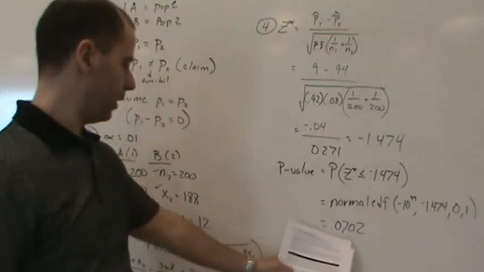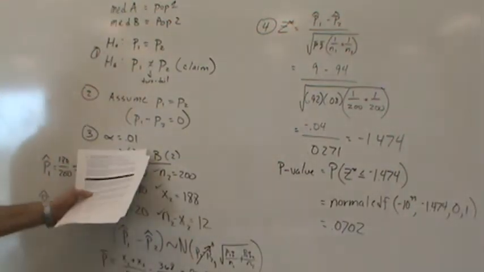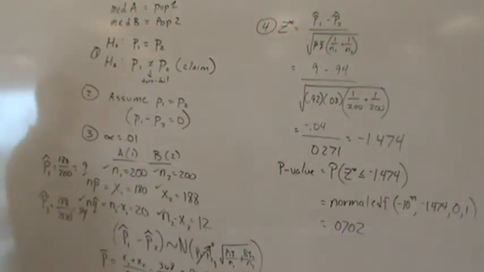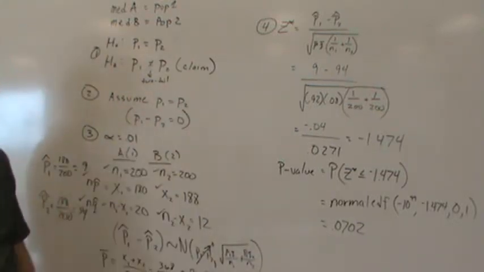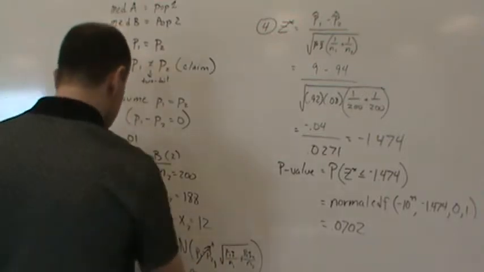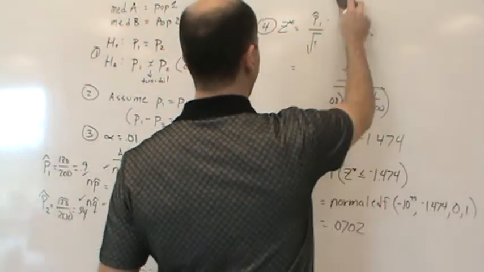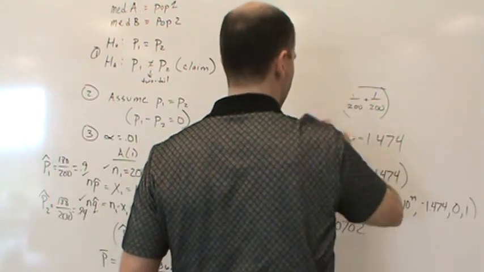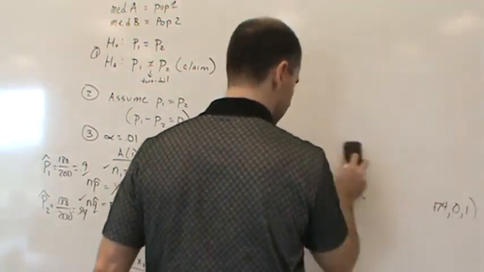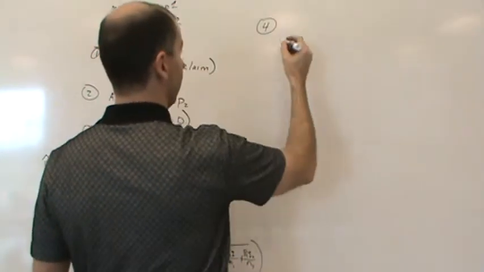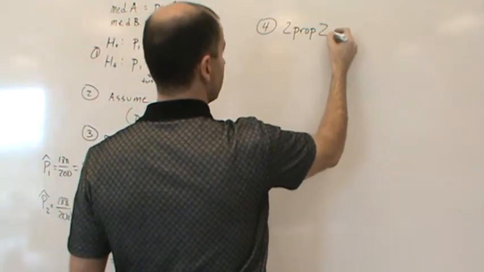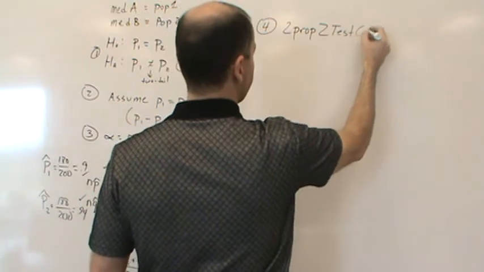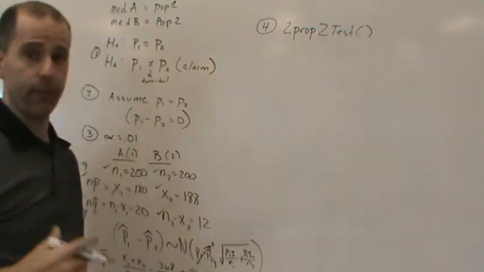And so if I compare my p-value to my alpha level, am I going to reject? The answer is no, because my p-value is not less than alpha, okay? But let's use the calculator function for a two-proportion z test, and see if we get the same thing. So we're going to use 2-PropZTest. And again, we're just going to fill in the information.